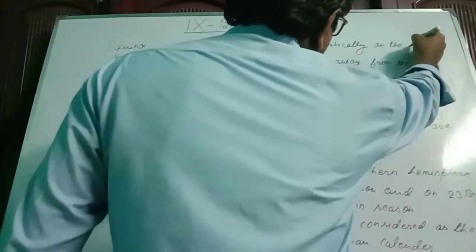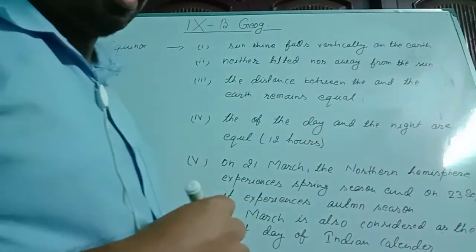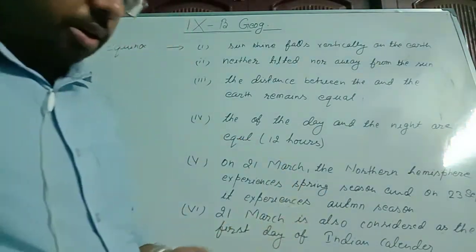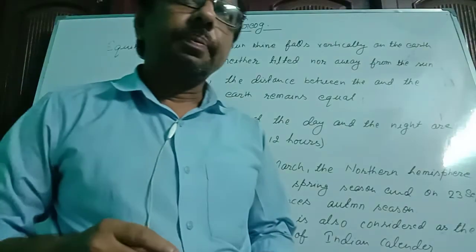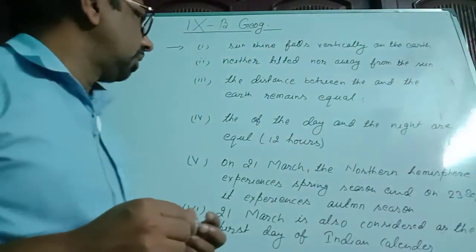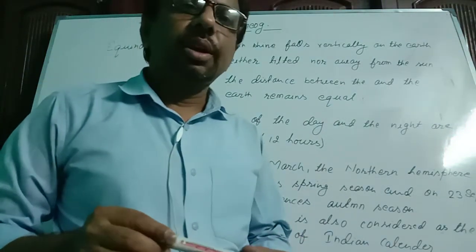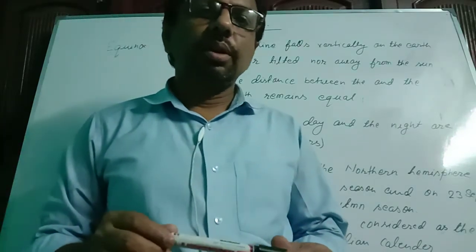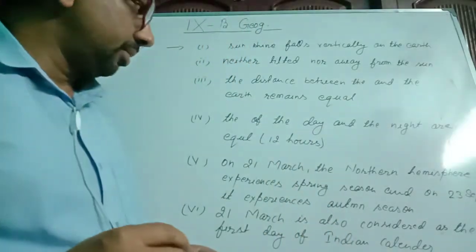Second, it is neither tilted nor away from the sun. Third, the distance between the sun and the earth remains equal. Fourth, the length of the day and the length of the night also remain equal, that is of 12 hours.